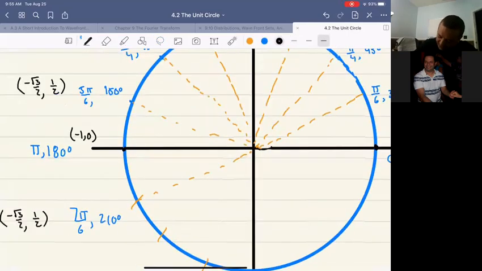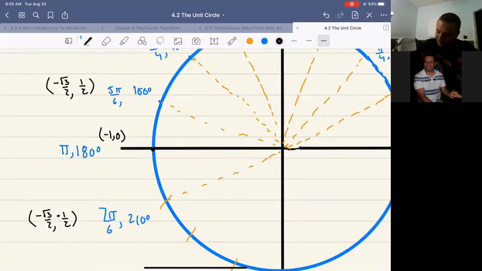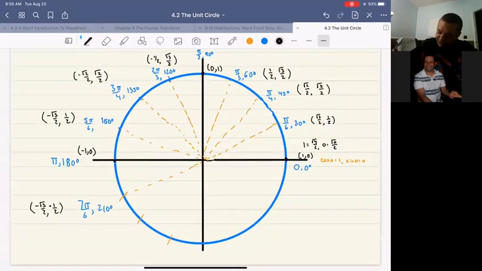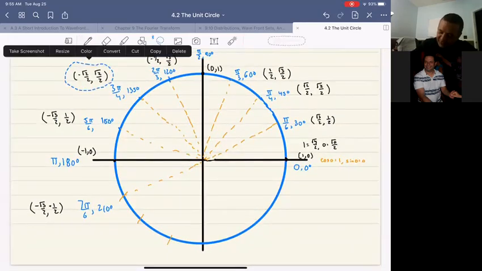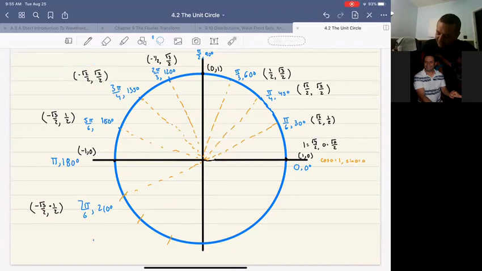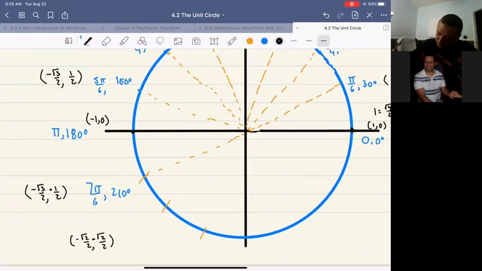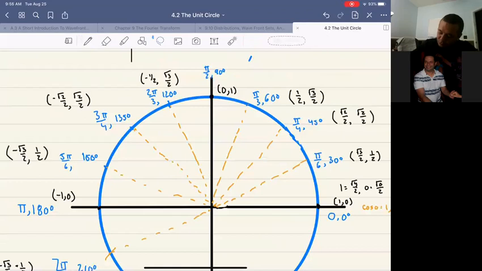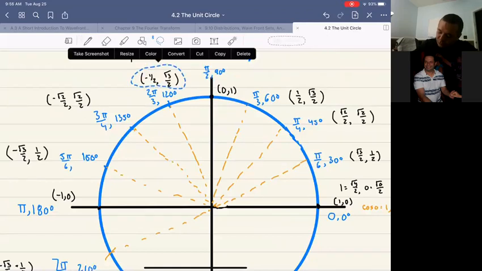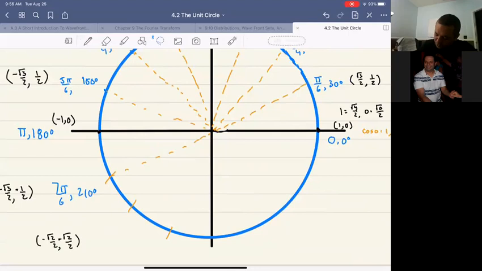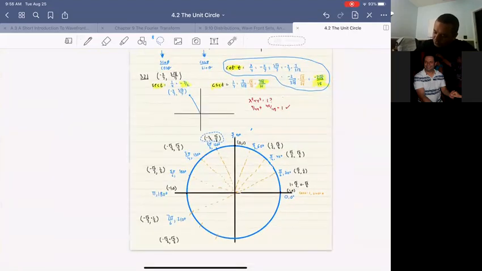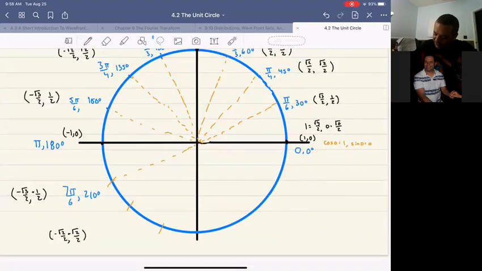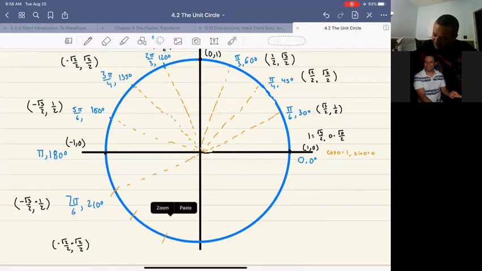Similarly, that's going to happen here. Running out of space, but oh well, we'll do it inside here.